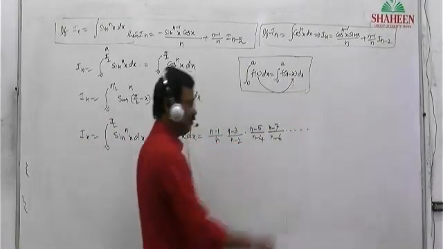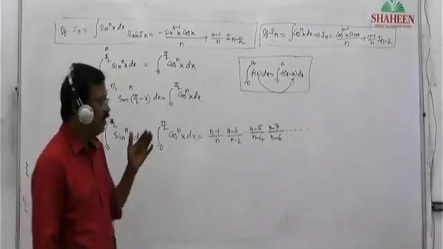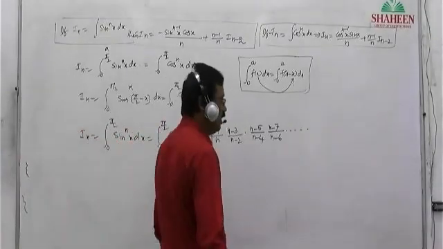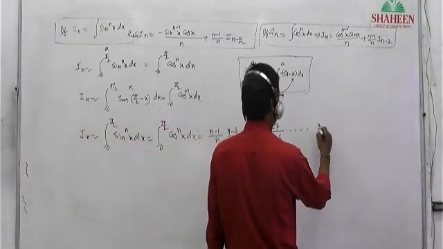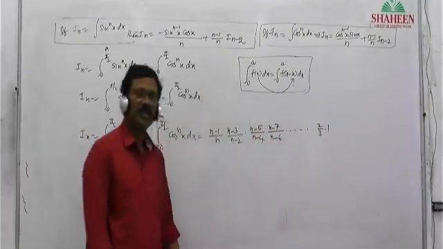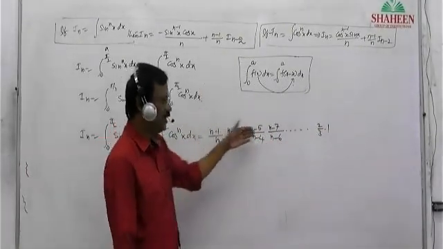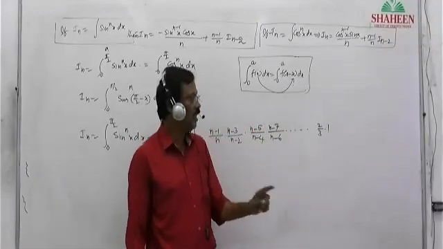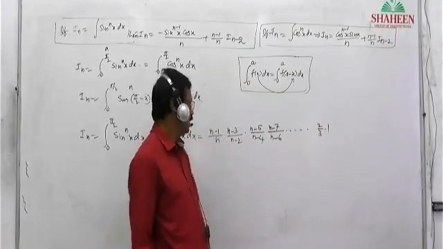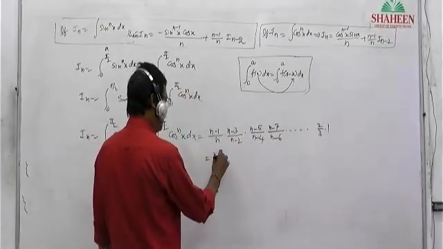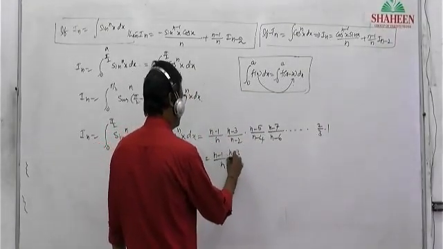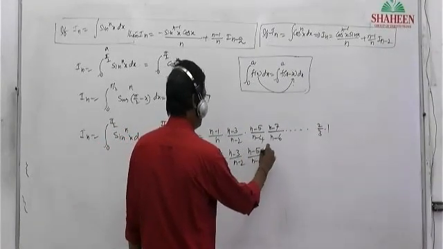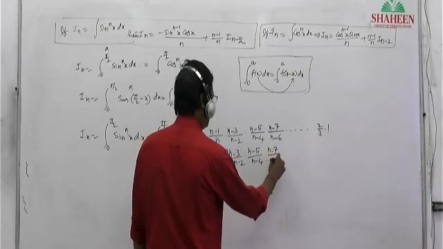Go on like this. Now, what will be the last number? If the last number is 2 by 3, write into 1. Suppose by writing this reduction, finally if you get 2 by 3, then write at the last into 1. Now, (n-1)/n, (n-3)/(n-2), (n-5)/(n-4), and (n-7)/(n-6).